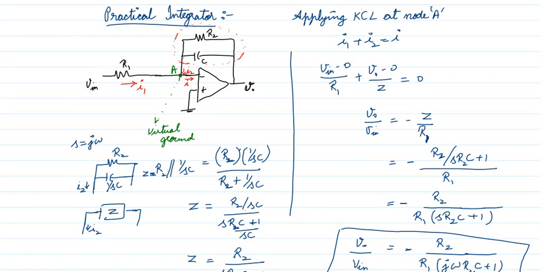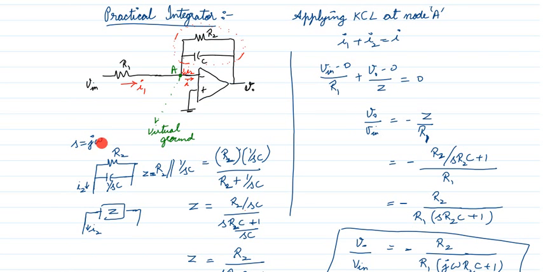What about I2? I2 is the current flowing through Z. What is Z? Z is nothing but the impedance, coming from the resistor R2 and the capacitor C. The capacitor C impedance is 1 by SC or 1 by j omega C, because S is j omega.